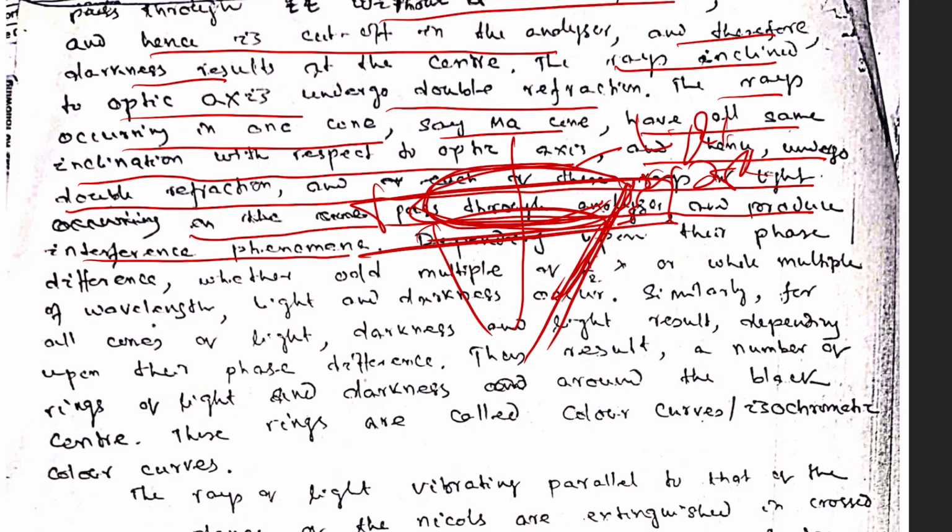So in each ring the character will be the same, and in the next ring the character will be different. In each ring the character is found to be the same because of their same inclination.